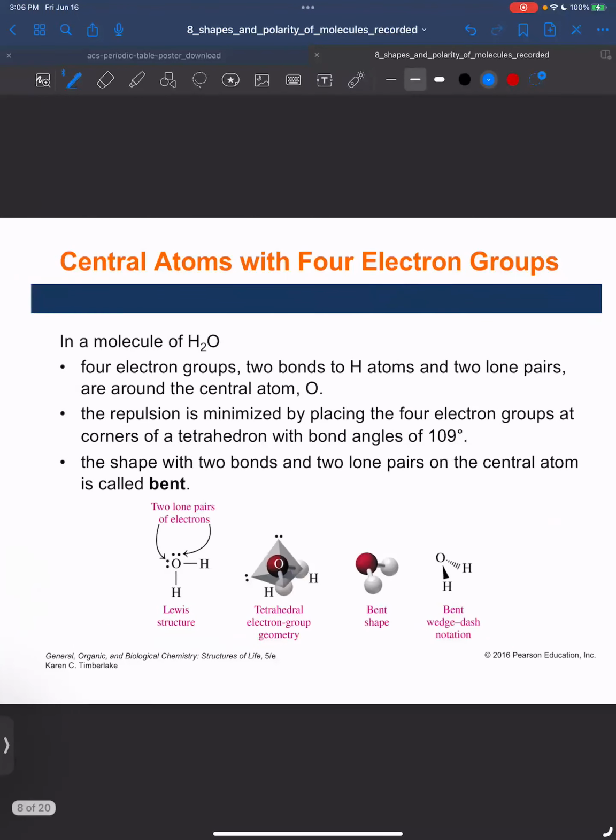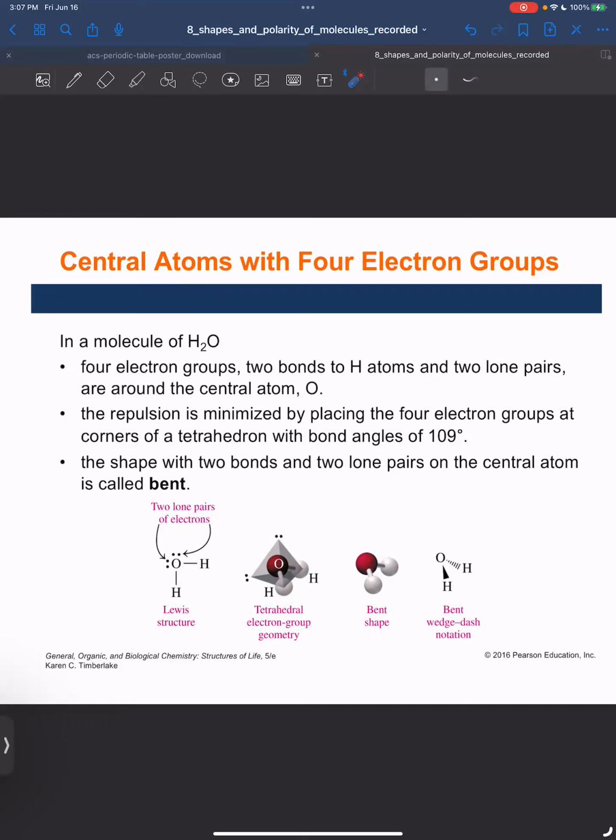Now, in the case of water, we have oxygen. It has 4 electron groups in the Lewis structure attached to oxygen, but 2 of them are lone pairs. So the electron group geometry is still 4 electron groups, tetrahedral, but the molecular geometry, if we remove those lone pairs, we're left with something that looks bent.